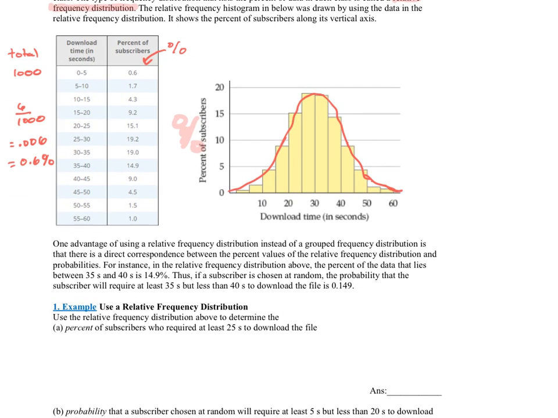It says one advantage of using a relative frequency distribution instead of a grouped frequency distribution, in other words, one of the advantages of using percent instead of the quantity, is that there is a direct correspondence between the percent values of a relative frequency distribution and probabilities.